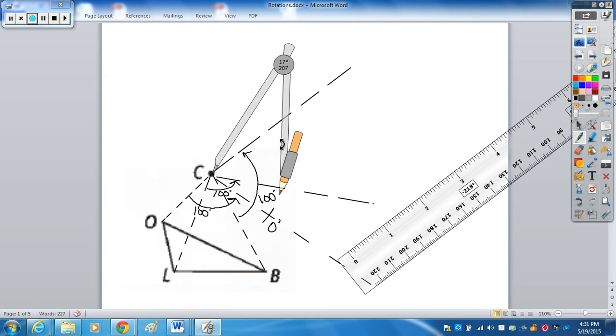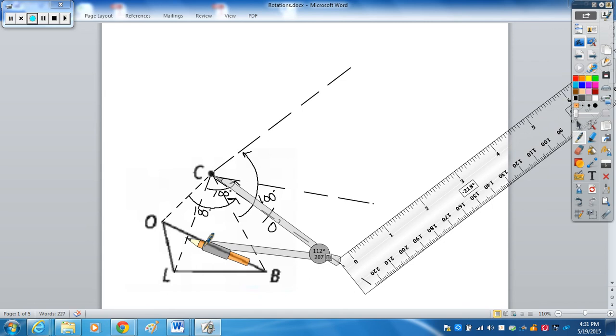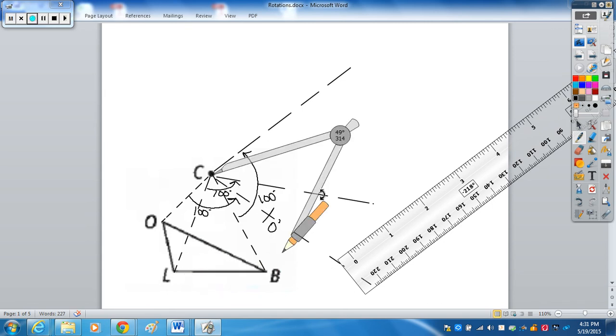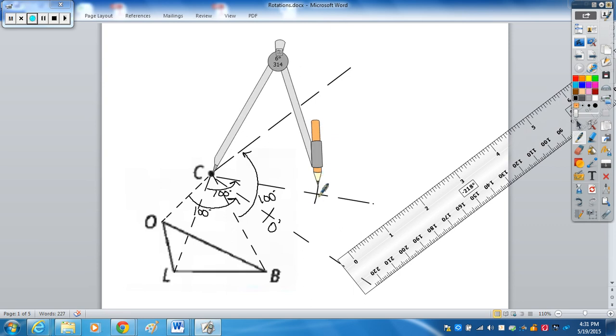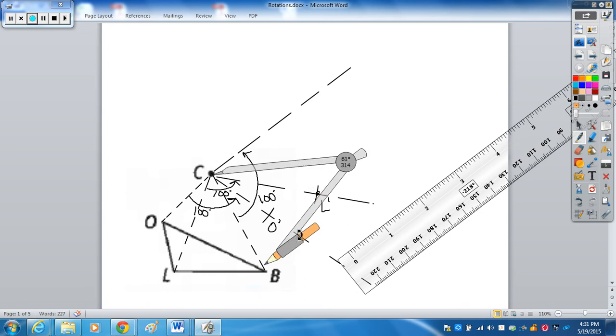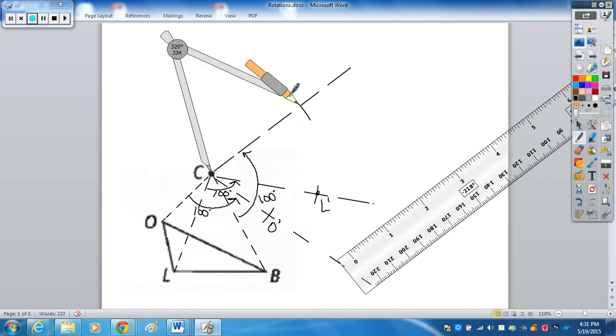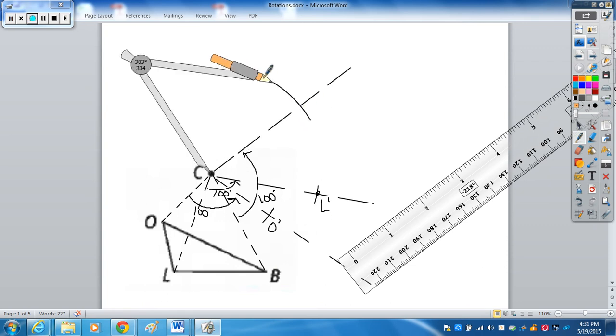I'm going to do the same thing with the other two. I'm going to go ahead and measure the length from C to L and transfer that over here. And this point right here is L prime. And then for B, just slightly greater. And that is point B prime.